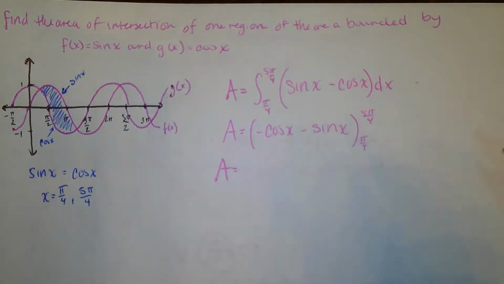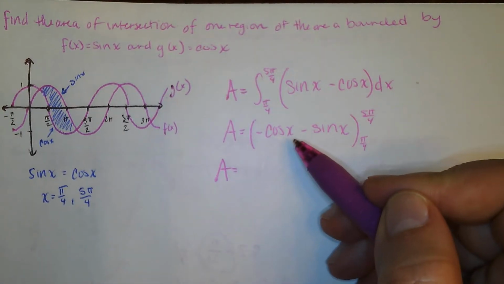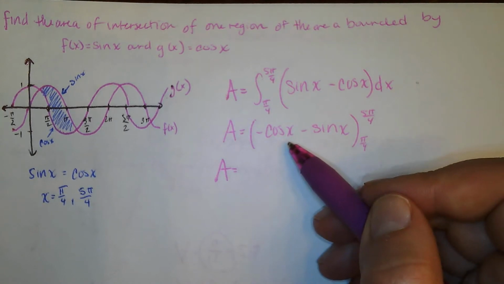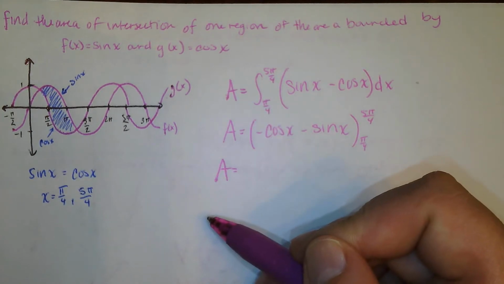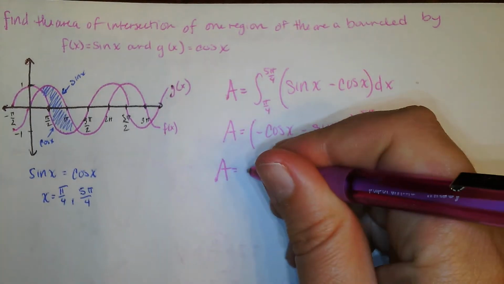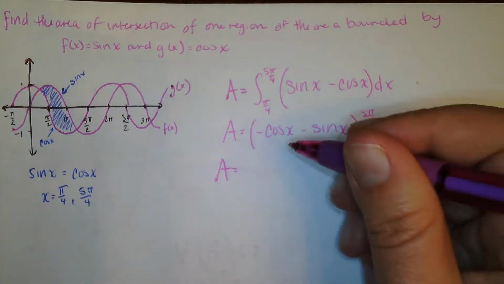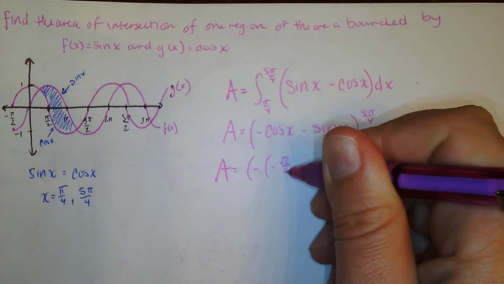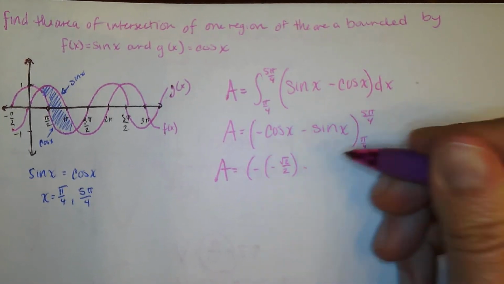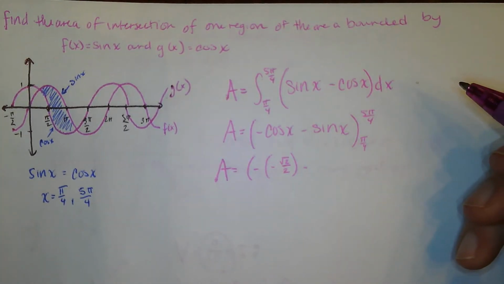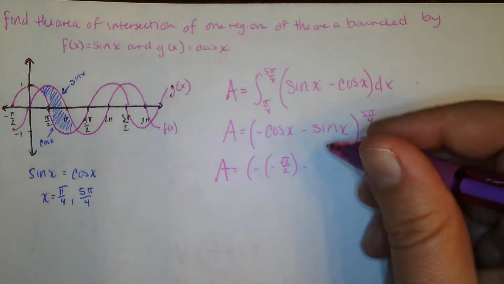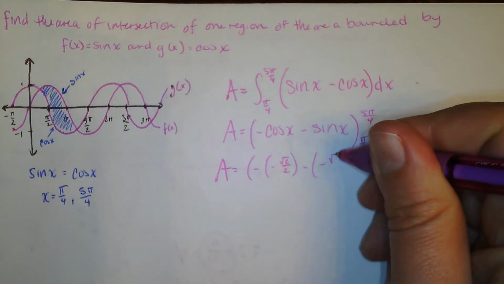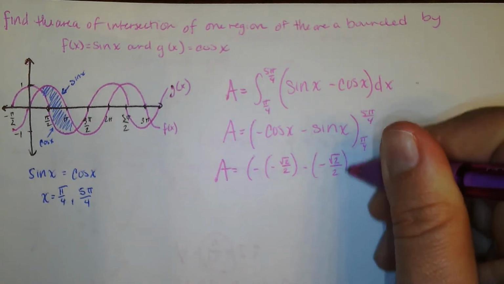All right, so now we just plug in values. So negative cosine of 5 pi over 4. Cosine is your x value, so that's negative square root 2 over 2, minus sine x is also negative square root 2 over 2.